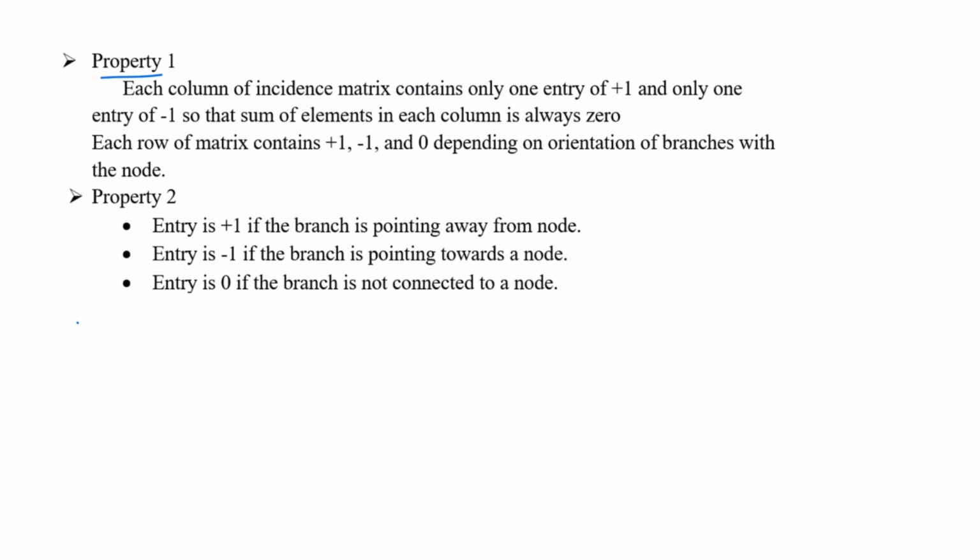This is the first property. And the second property is that in the incident matrix, entry is plus 1 if the branch is pointing away from the node, entry is minus 1 if the branch is pointing towards a node, and entry is 0 if it is not connected to the node.